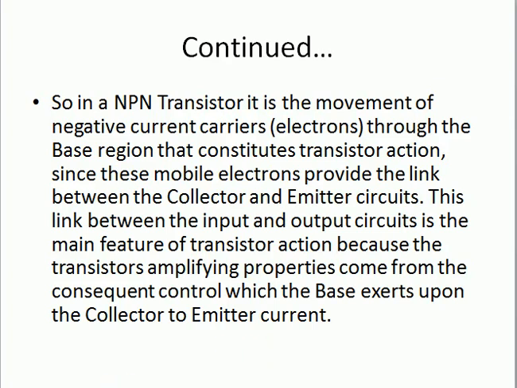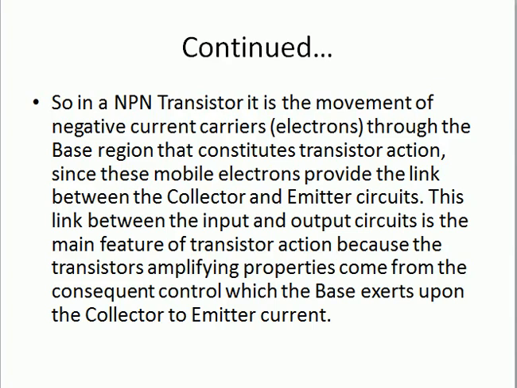This link between the input and the output circuit is the main feature of the transistor action, because the transistor's amplifying properties come from the consequent control which the base exerts upon the collector to emitter current. Now here first of all we must know about the transistor action. A transistor can act as an amplifier or it can act as a switch. Now how can it act as an amplifier and how can we operate it like a switch?